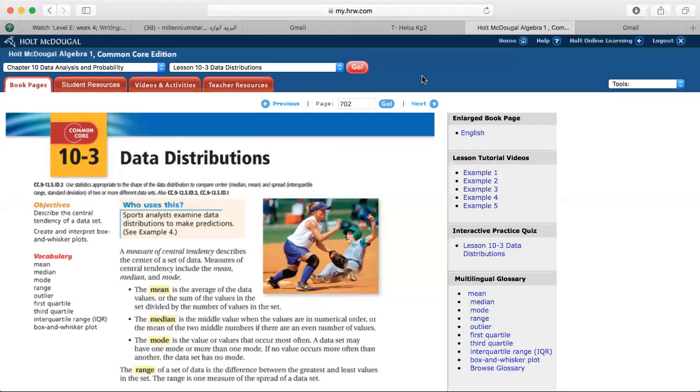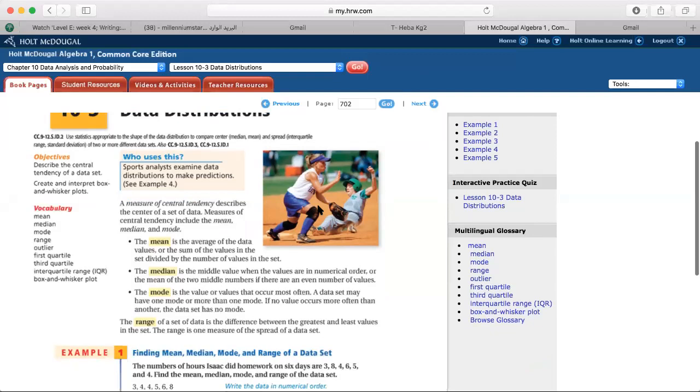Today we're going to review words that are popular to us. We have learned them maybe from grade 4 or 5: mean, median, mode, and range. Let's review them.